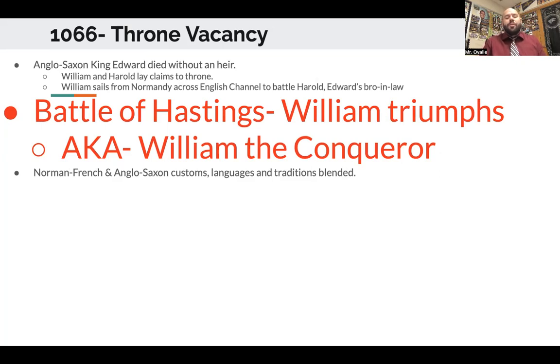William sails from Normandy. He's French. He sails from Normandy across the English Channel to battle Harold, who is Edward's brother-in-law. It is called the Battle of Hastings. All you need to know, William triumphs, William wins, William becomes the king, and he is called William the Conqueror.